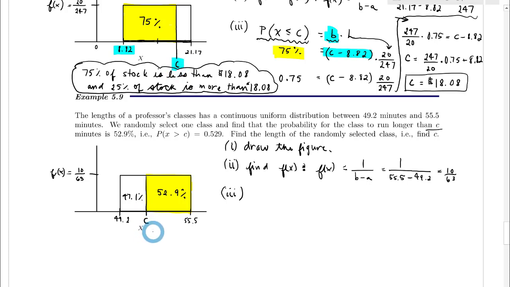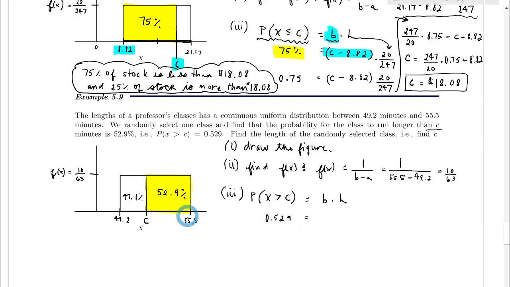Now let's set up our probability problem. See how essential steps 1 and 2 are? Because now if I find the probability that x is going to be longer than c, that's still going to be equal to some base times height. And let's set it up. So this probability that it'll run longer than c minutes will be 52.9%, or in other words, 0.529.